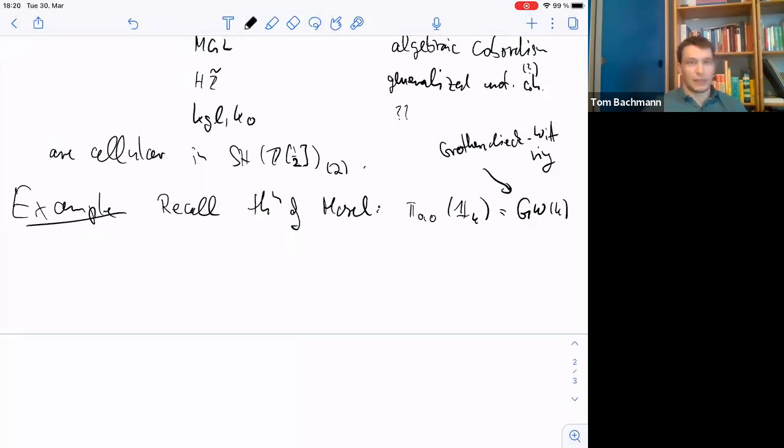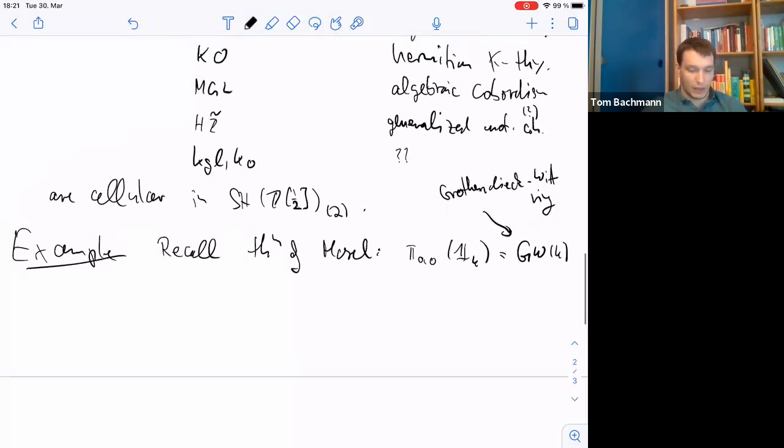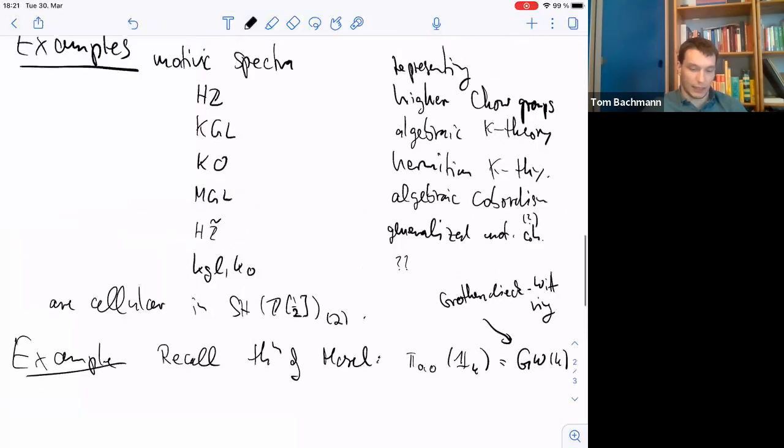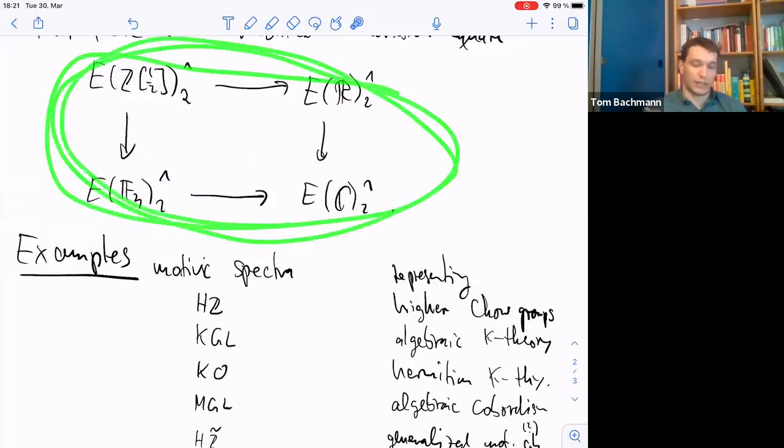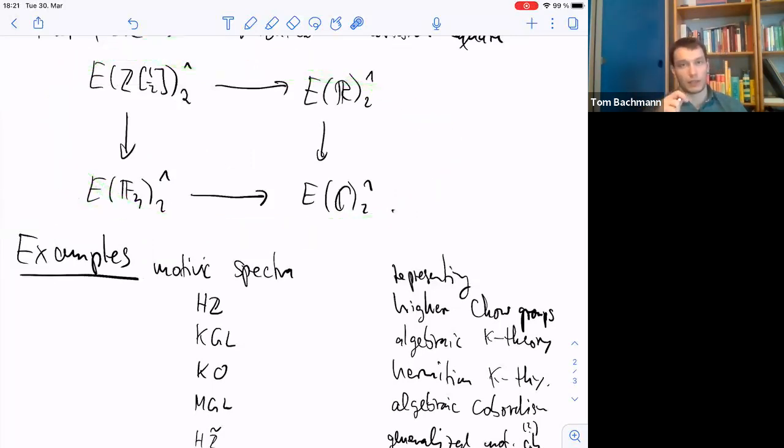In any case, the point is, of course, for Z[1/2], what you think you should get is the Grothendieck-Witt ring of Z[1/2]. I don't really know how to prove that, but what I can do is stick it into this sequence here, and then I can try to work out the two-adic completion, more or less, of that.